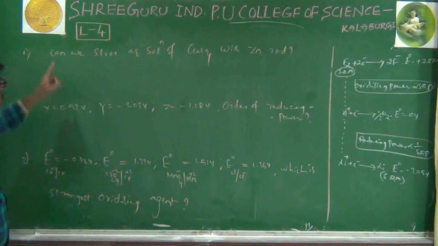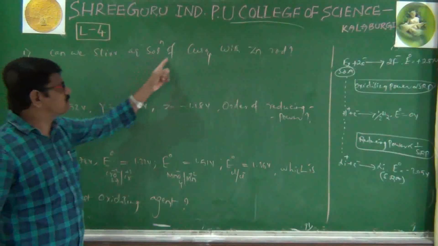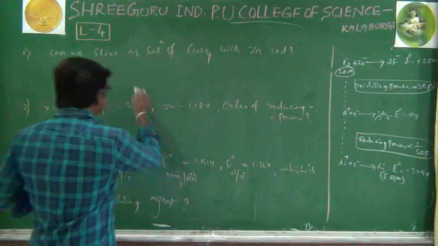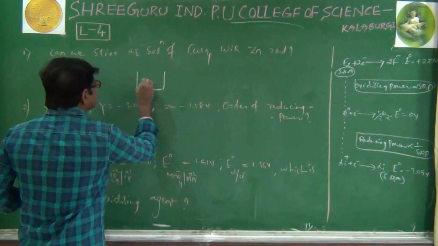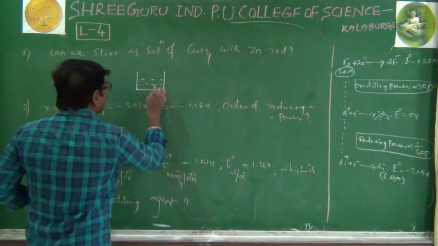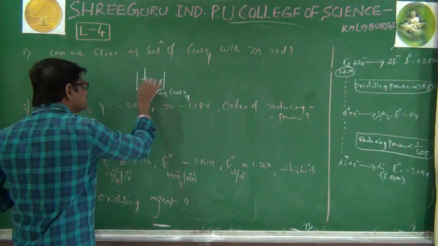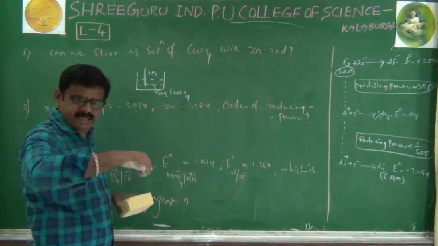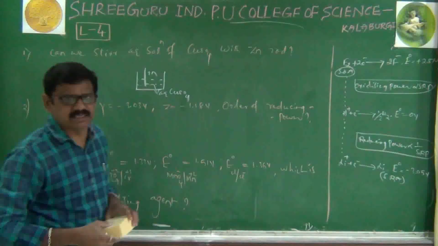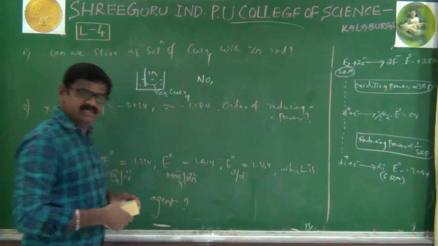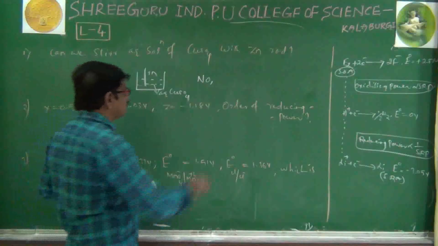Question number 1. Can we stir an aqueous solution of copper sulfate with a zinc rod? Say, for example, it is an aqueous copper sulfate solution, and with the help of a zinc rod, is there any possibility to stir? The answer is no. Why is it not possible? See here what happens.